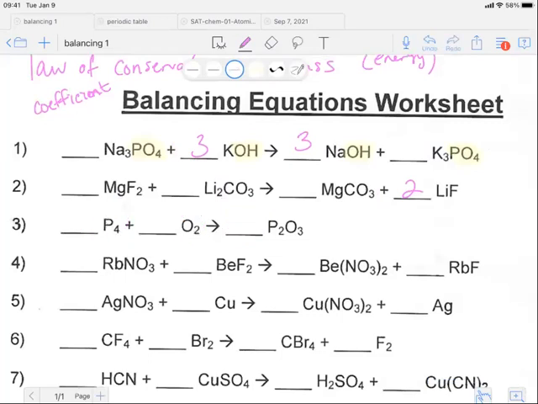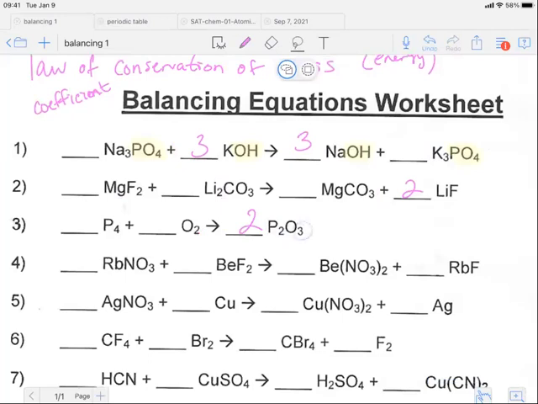So I'm looking at this and I'm seeing, okay, I want to start with this. And I see that there's a P2, but over here is 4. So I know that I already need a 2 in front here. So I put a 2 there. Now, how many oxygens do I have now on the right-hand side? Oh, excuse me.